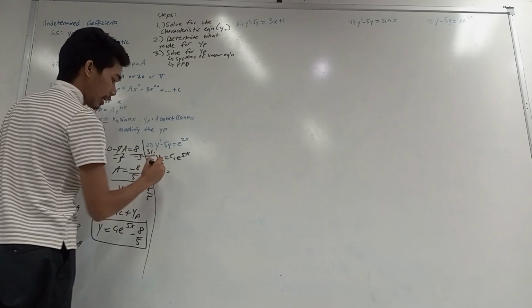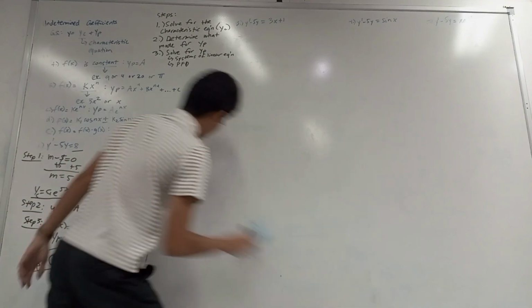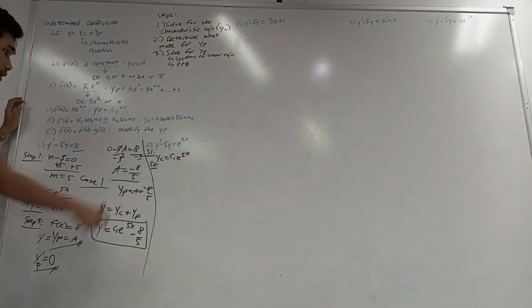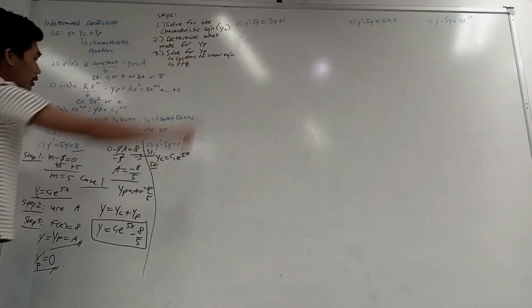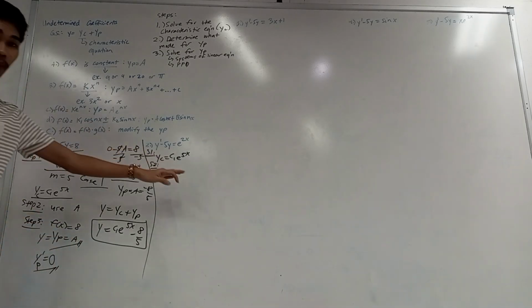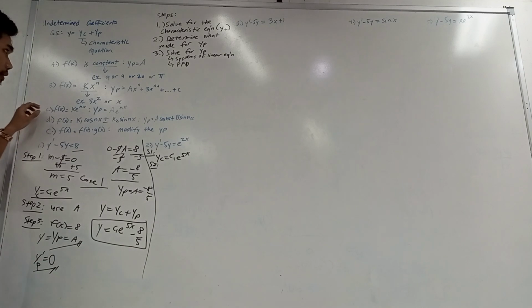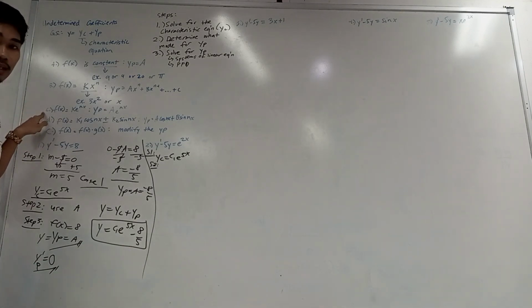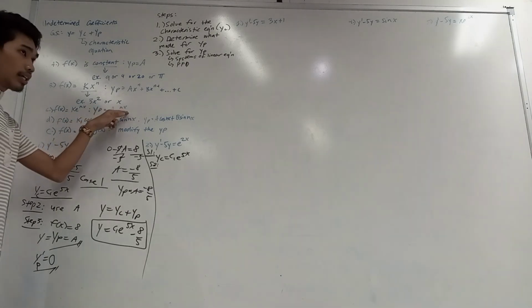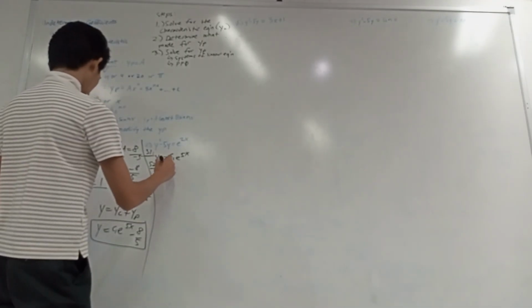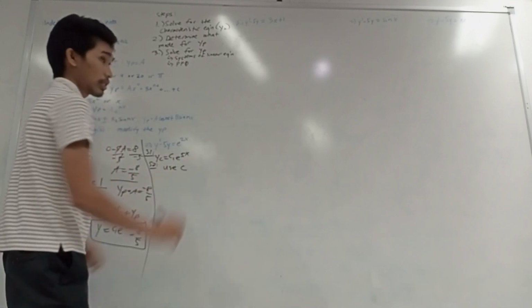Step 2 tayo ngayon. Step 2 is determine what mode for yp. So, apparently, ang e raised to 2x is nasa case or mode C, which is a e raised to nx. So, use C.